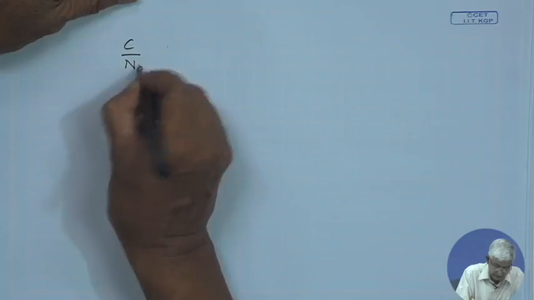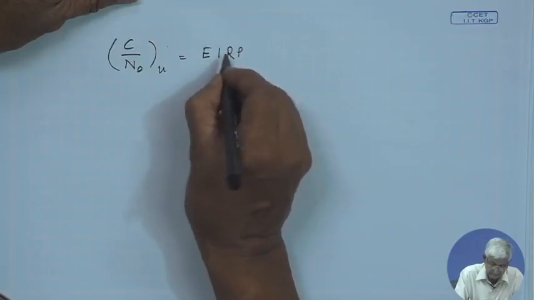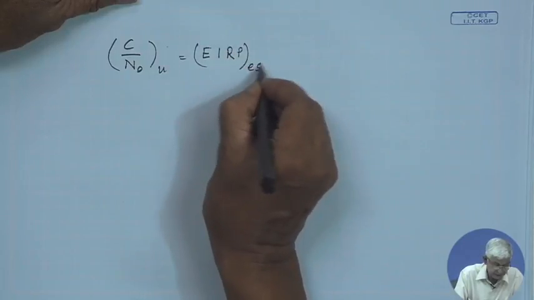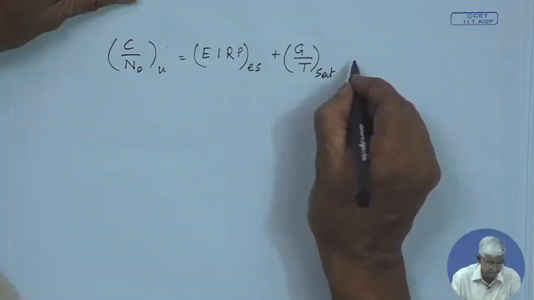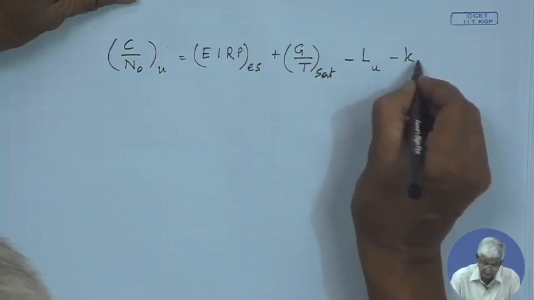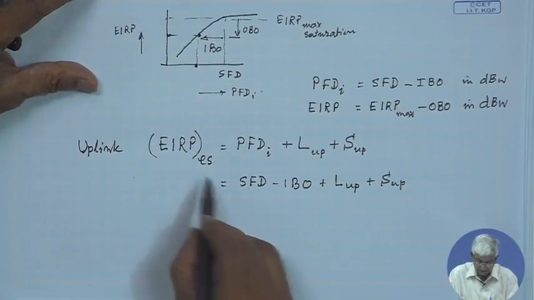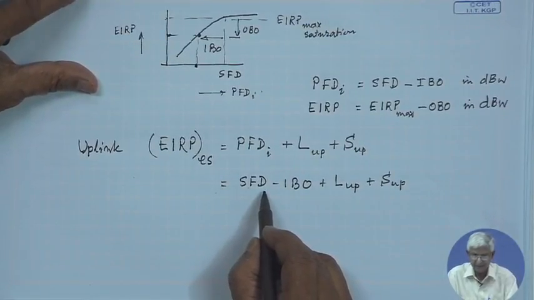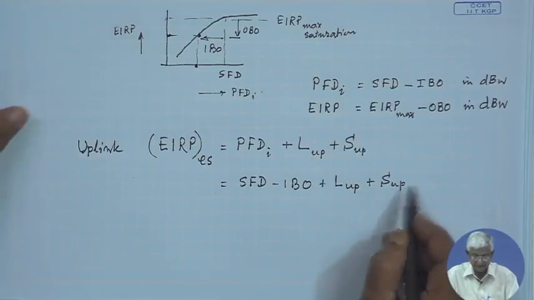Correspondingly we can use this EIRP expression in terms of C by N naught uplink. So, let us write C by N naught of uplink in dB is EIRP of earth station plus G by T of satellite minus the loss in the uplink minus K. This EIRP of the earth station we replace by SFD, saturation flux density of the satellite input, minus input back off of the satellite, that is the operating point, plus L uplink and S uplink.